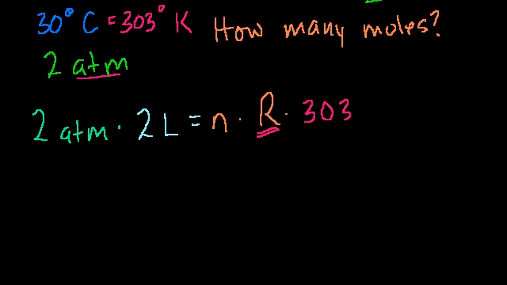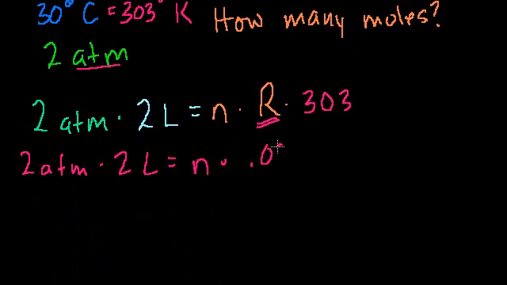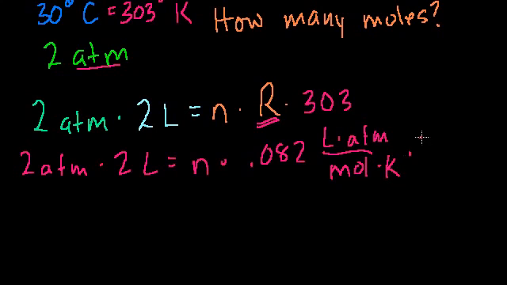So let me rewrite our whole equation, actually. So I have 2 atmospheres times 2 liters is equal to n times 0.082 liter atmospheres per mole Kelvin times 303 degrees Kelvin. All right, so let's see if all of the units work out.